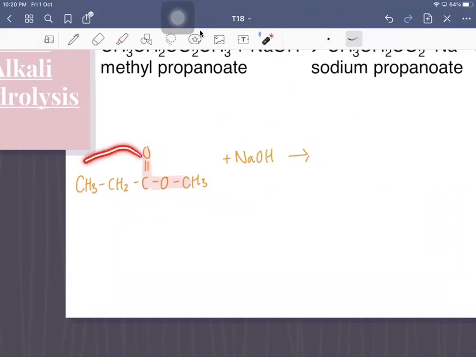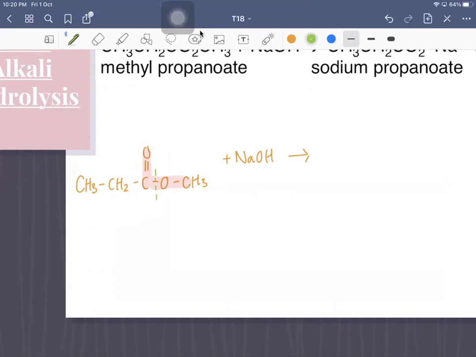This part on the left is attached to the C double bond O, so that's your carboxylic acid part. And the one on the right is your alcohol part because it is attached to a single bond oxygen. Okay, so same place that we are breaking, nothing too different from the acid hydrolysis.